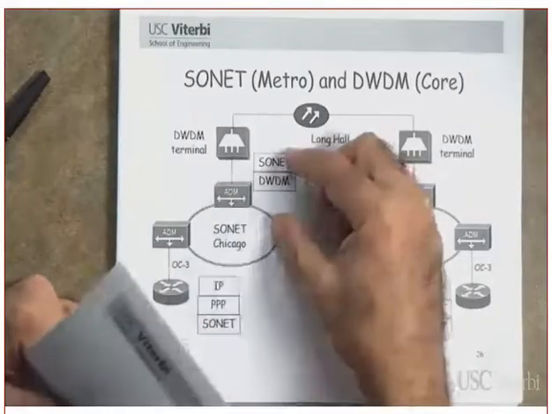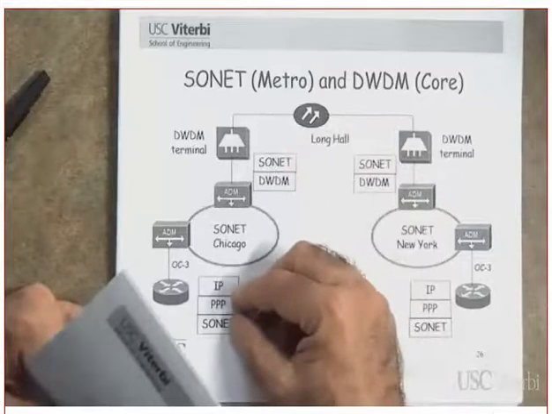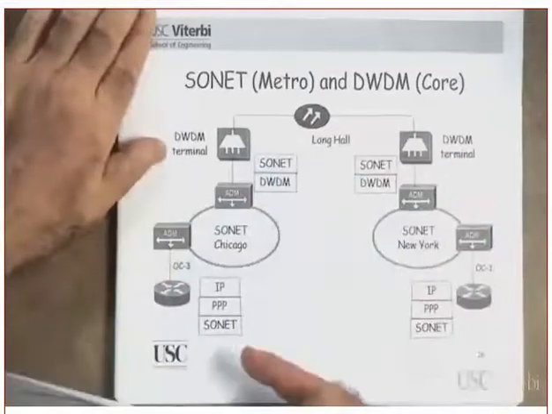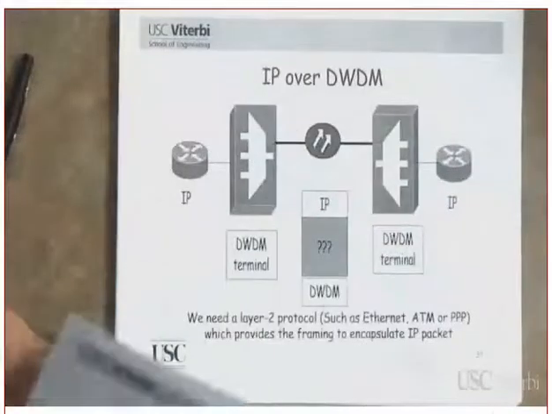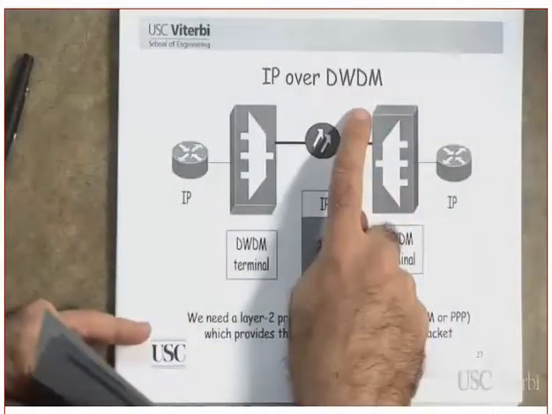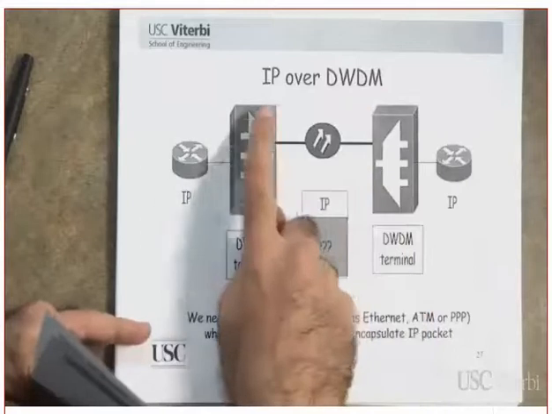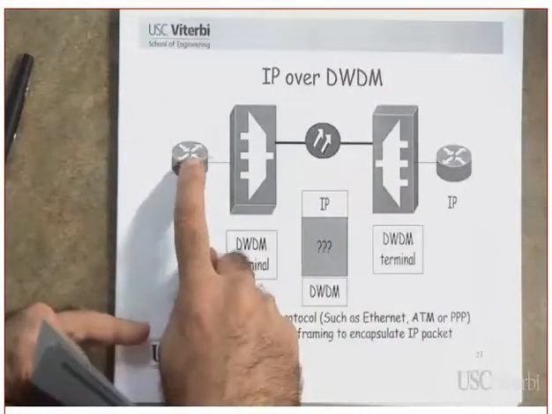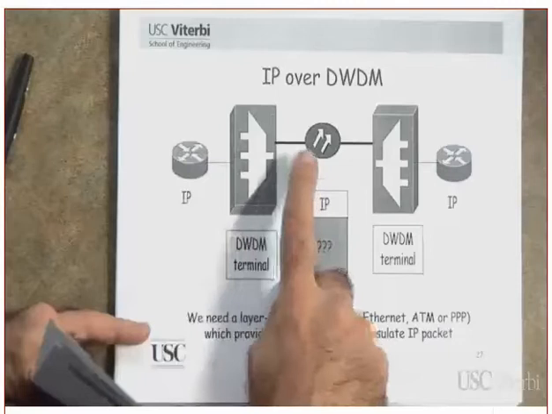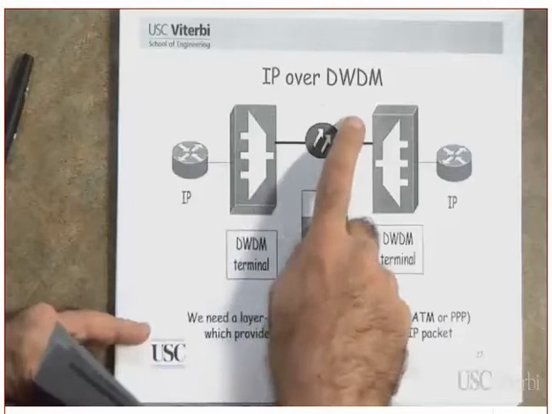This is the concept of the layered architecture. When you see a block on top of the other block, it means what? It's running over it. Now, in this case, you could also eliminate the SONET, and you could operate IP over DWDM immediately. But you need to make sure that the interfaces or the ports of these routers can support the higher rates of DWDM.